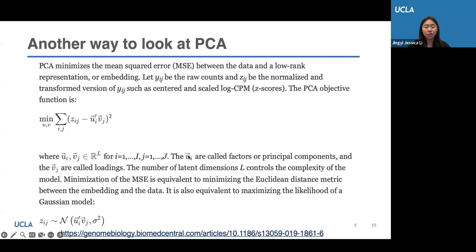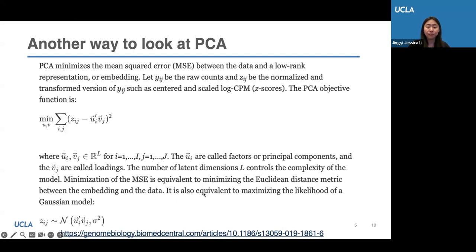Okay, so let's just read what the author wrote here. The u_i are called factors or principal components, and v_j are called loadings. The number of latent dimensions L controls the complexity of the model. Minimizing the MSE is equivalent to minimizing the Euclidean distance between the embedding and the data.